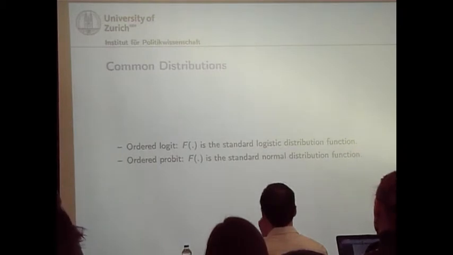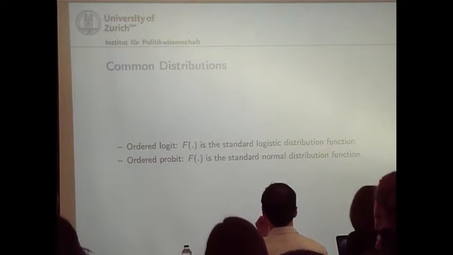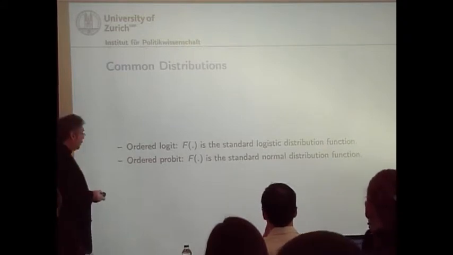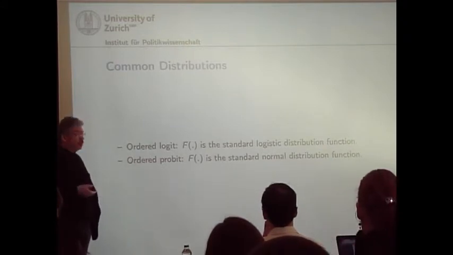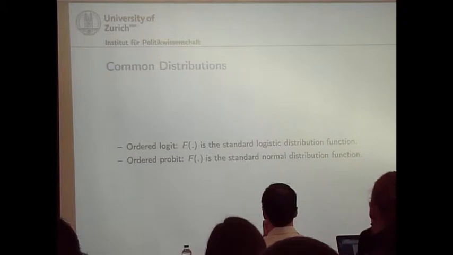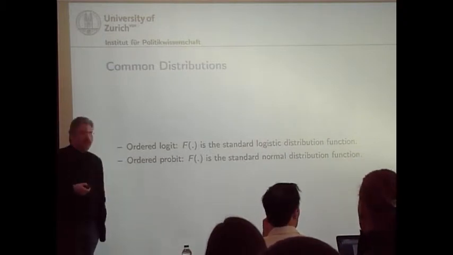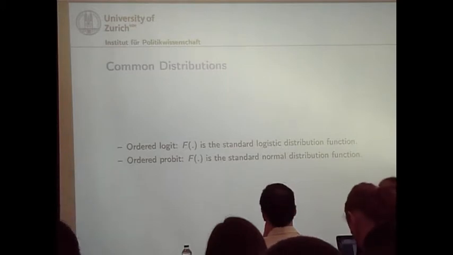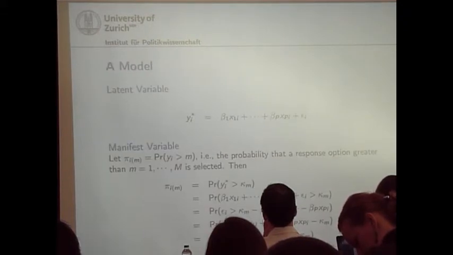And then the choice is, well, what do you pick? There are basically two choices, but I prefer to work with the logistic distribution. So we can either pick the standard logistic distribution function to create an ordered logit model, or we can pick the standard normal distribution to create an ordered probit model.